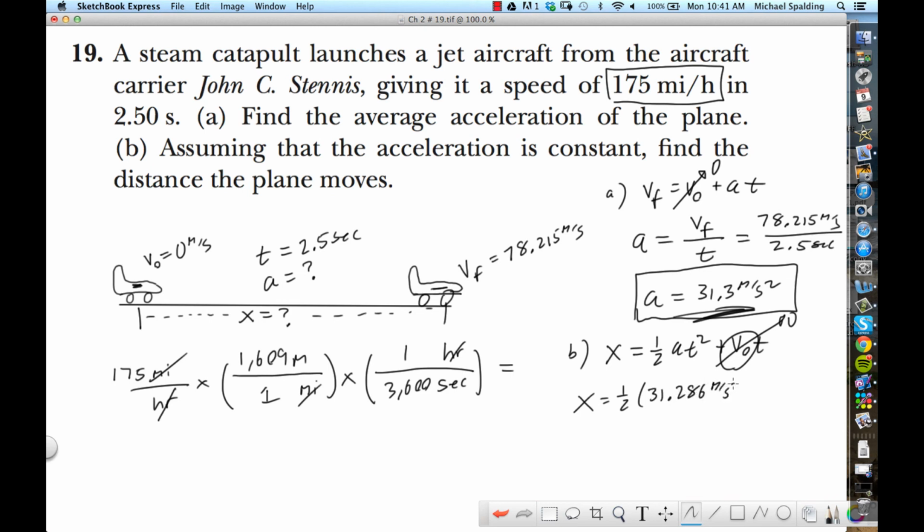Use the unrounded value. And then the time is 2.5 seconds, squared. Okay, so 2.5 squared times 31.286 divided by 2. So rounding this off gives 97.8 meters.